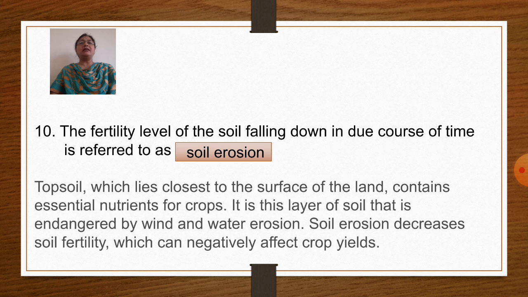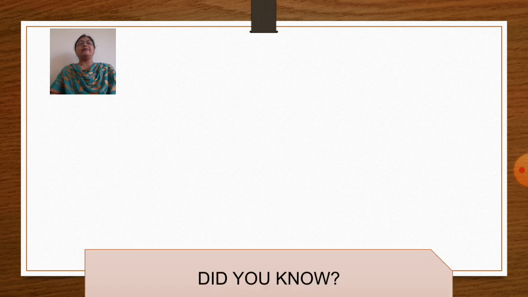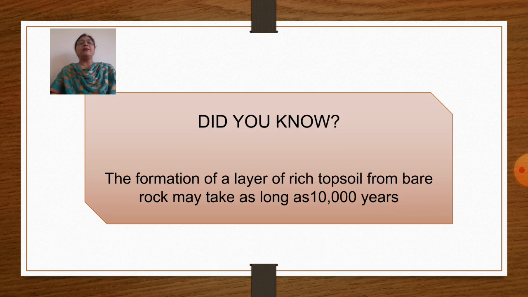Soil erosion decreases soil fertility, which can negatively affect crop yields. Now, fun fact. The formation of a layer of rich topsoil from bare rock may take as long as 10,000 years.